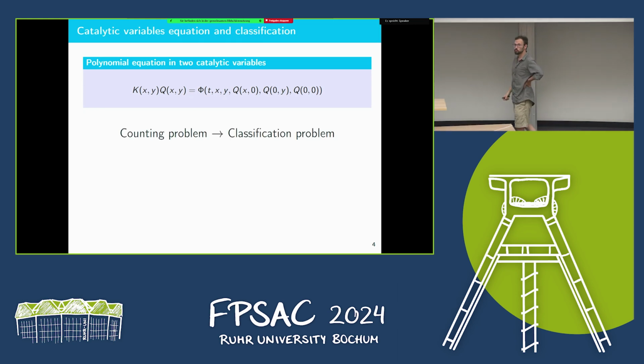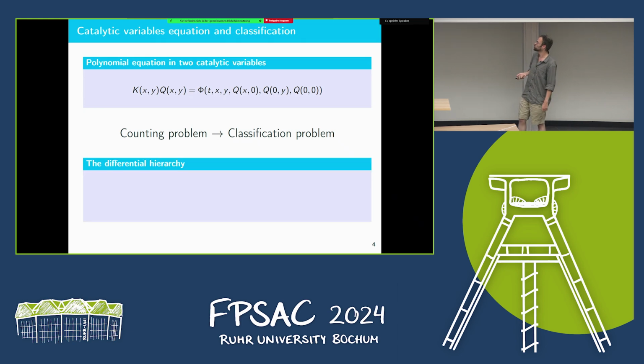Hence, instead of just trying to count q_{i,j,n} for a given model of walks, we want to see which models are hard and which models are easy, according to some hierarchy on formal power series, which is defined as follows.